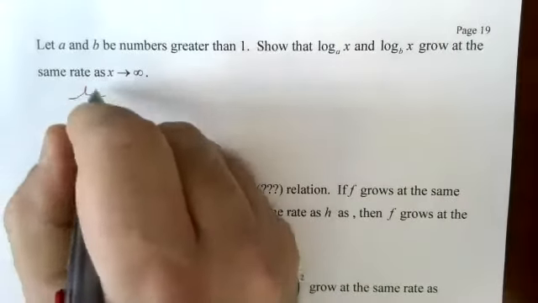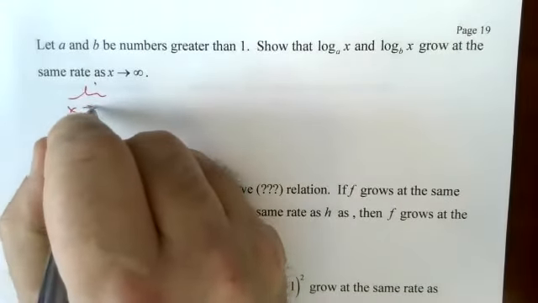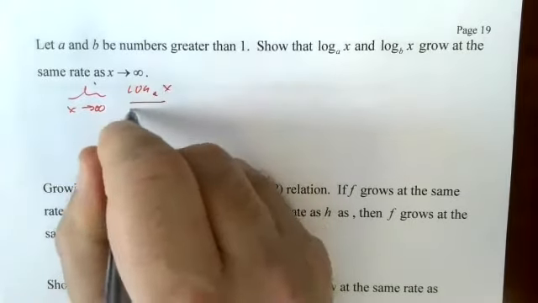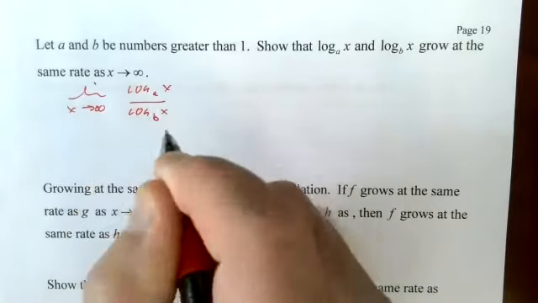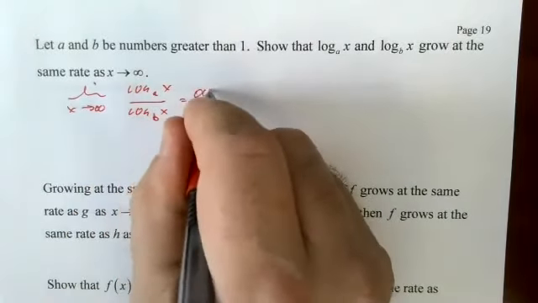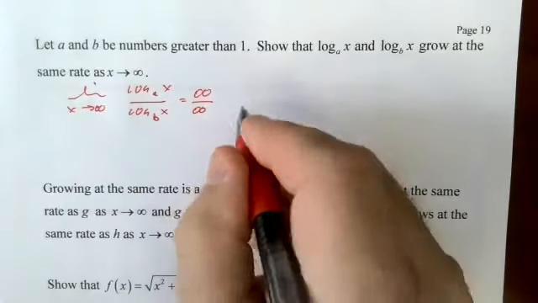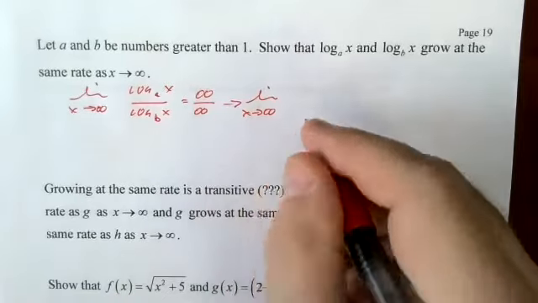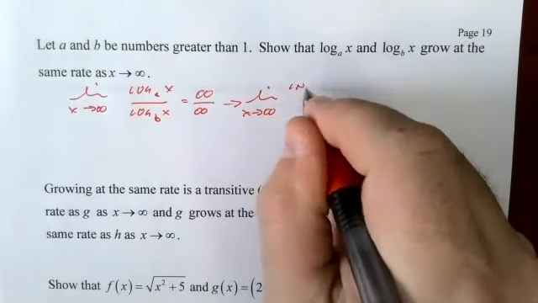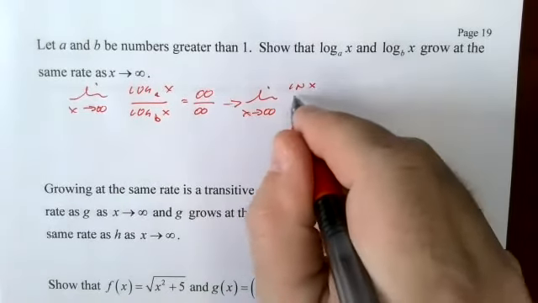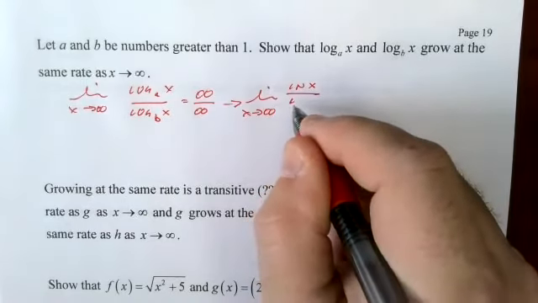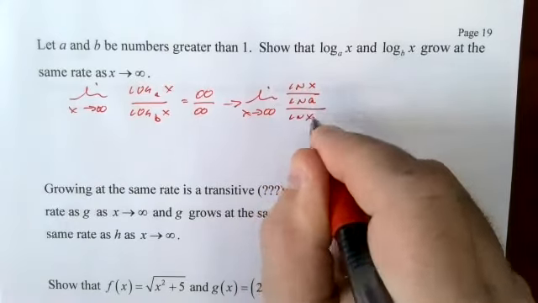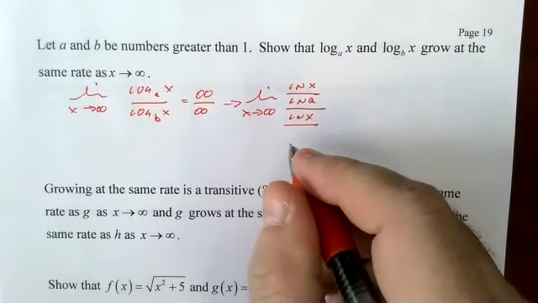So the limit as x approaches infinity of log base a of x over log base b of x. Hey, they both get really big eventually. Fine. Limit as x approaches infinity of ln of x over ln of a, over ln of x over ln of b.